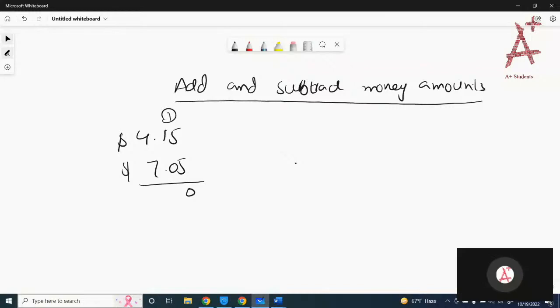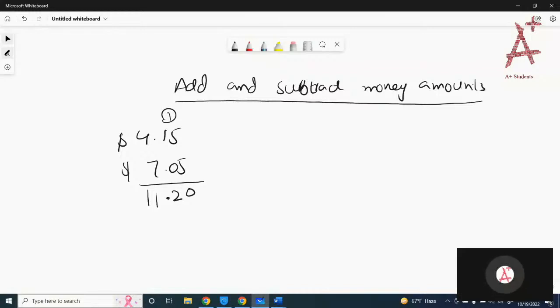So it would be 1 plus 1 is 2. And then put a decimal point, and 7 plus 4 is 11. Got it? So it would be 11.20.